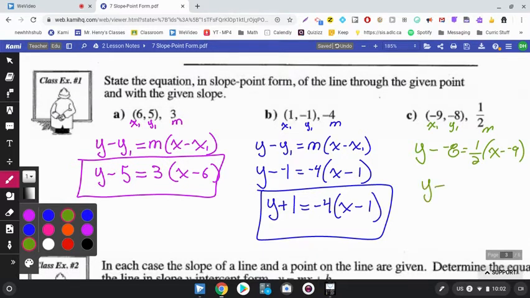And for both of those, subtract the negative is just a positive. So I get y plus 8 equals 1/2 x plus 9. And it's remembering, the reason I have a plus 8 in here is because I actually started with a negative. Subtract a negative, that's where the positive comes from. Okay, so the more we do, the easier it is to go back the other way. All right.